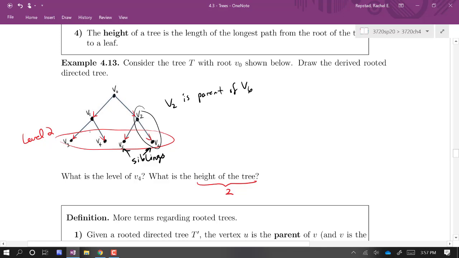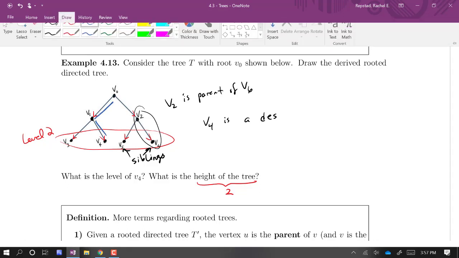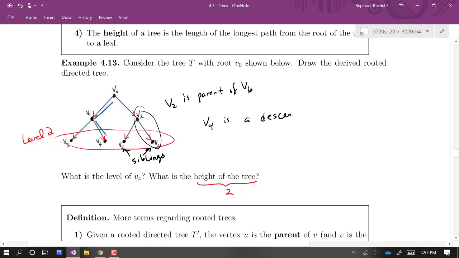So for example, V4 is a descendant of V0, even though it's not just a single edge. It's a path of length 2. We say that V4 is a descendant of V0. We say that V0 is an ancestor of V4.